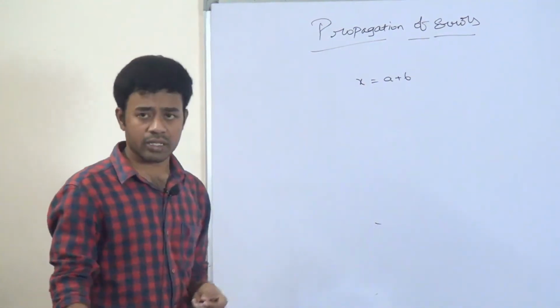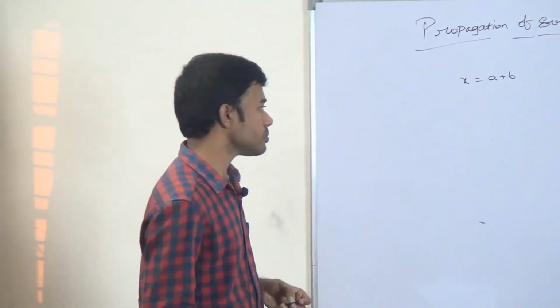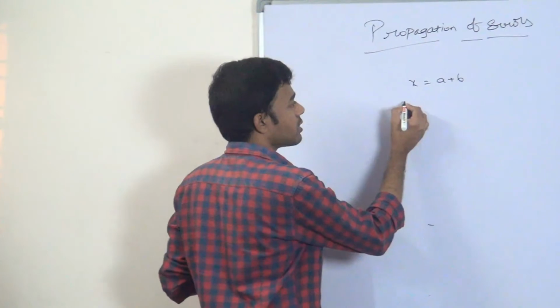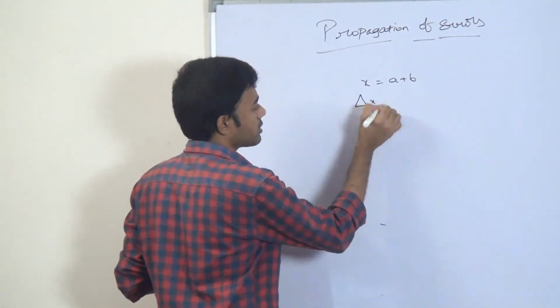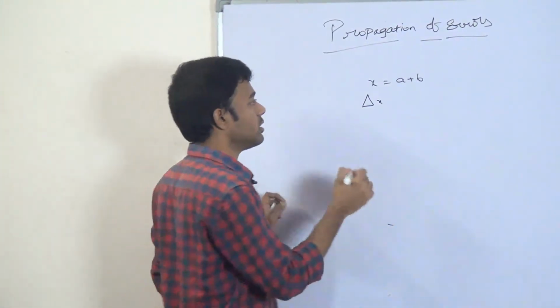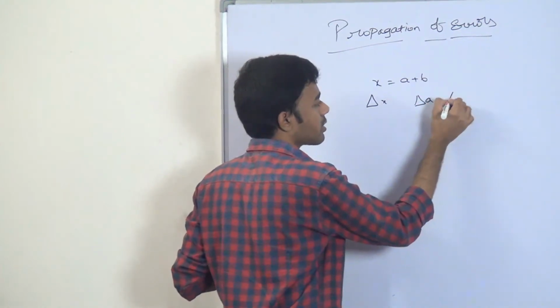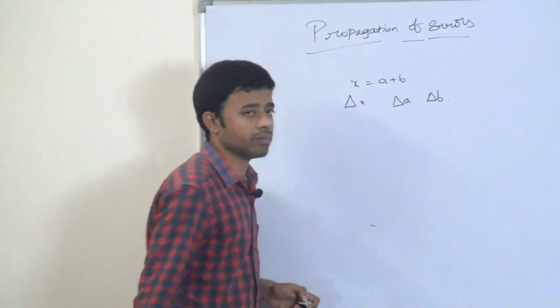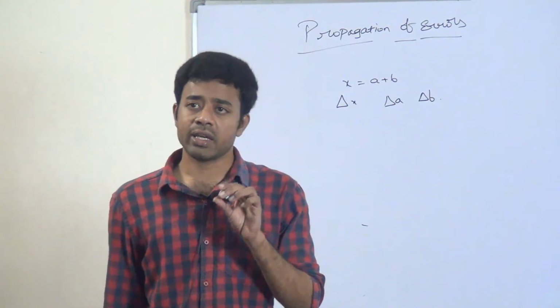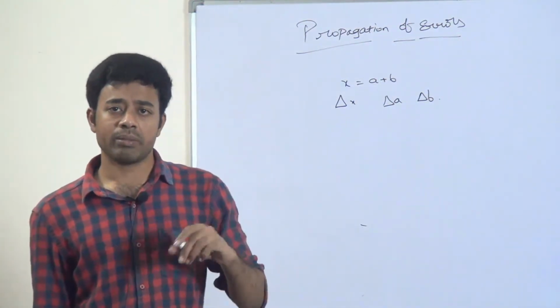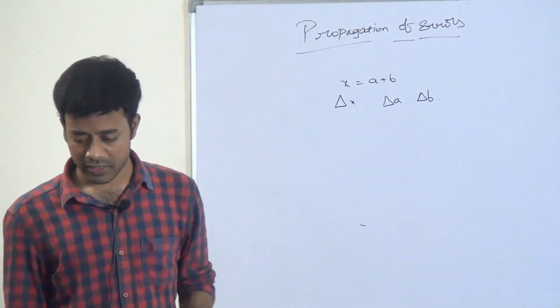Suppose the error caused in x is delta x, the error caused in A is delta A, and the error caused in B is delta B. How will these errors delta A and delta B impact the error in x?